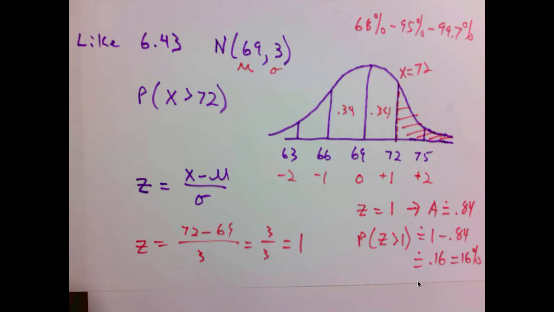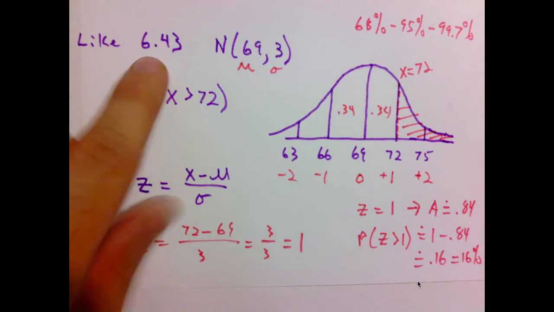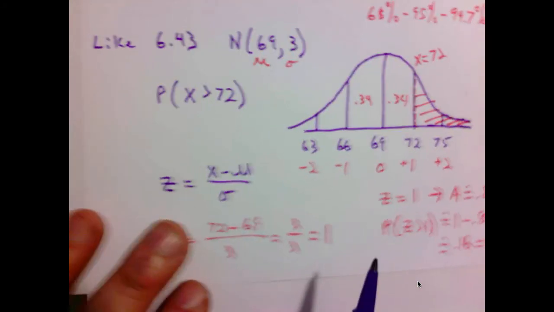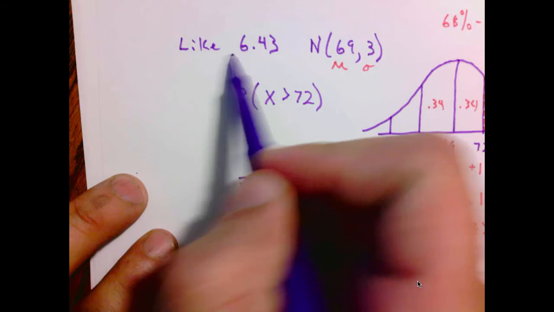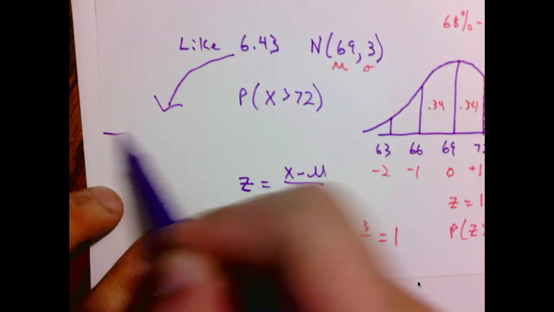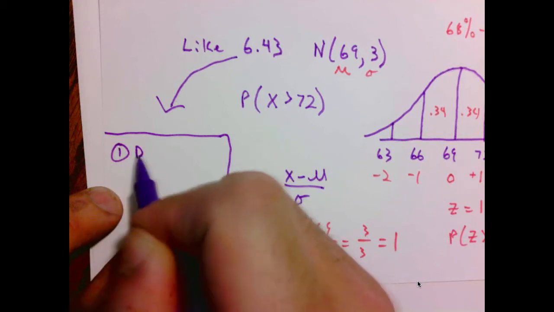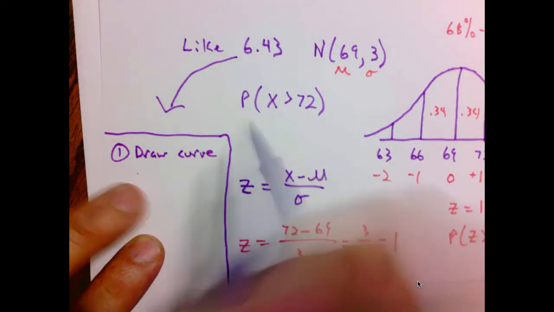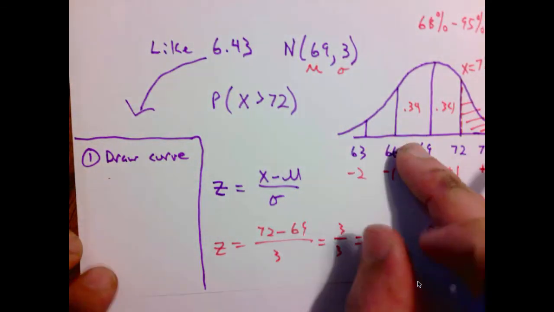So with this, you should be able to work problem 6.43 and beyond on this assignment. Recapping how we did this, for problems like 6.43: Number 1, draw the curve, the particular curve with the distribution.